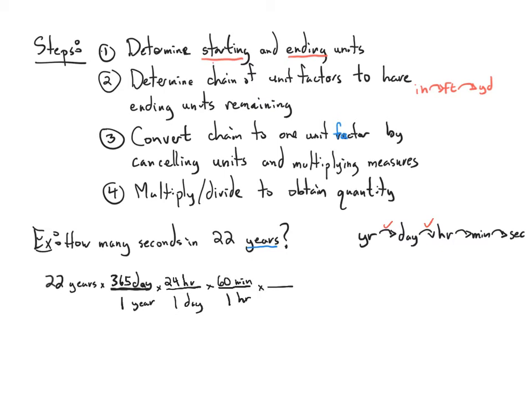And then finally, let's go to seconds. We want to get rid of minutes, so we put minutes in the denominator and seconds in the numerator. And of course, 60 seconds is 1 minute. And again, note that the quantities in the top and bottom are the same, just expressed in different units.